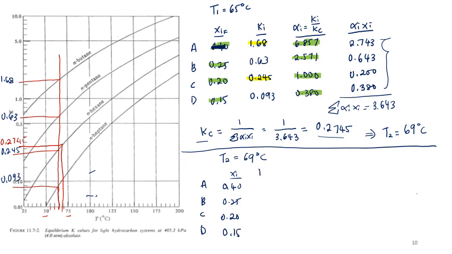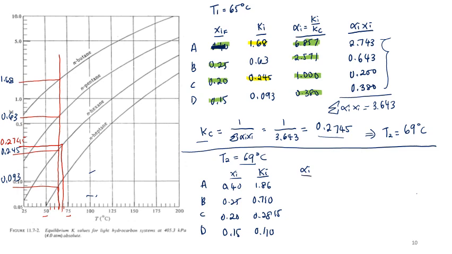And then you read the value of K for each component at 69 degrees Celsius. So if you just read the value, you shall get these values, just following the solution of the book anyway. In an ideal world, this happens, but otherwise you should try to scramble the values from other charts.